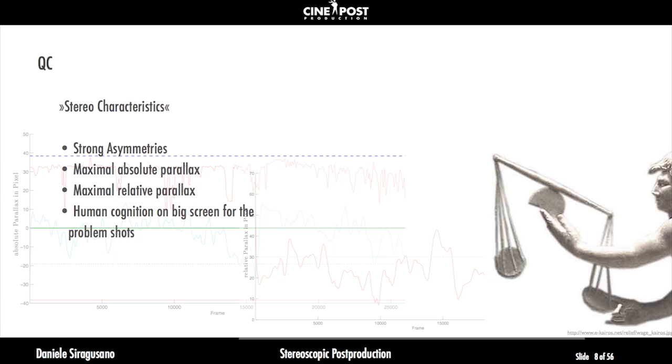We will record and check the maximum absolute parallax, so the farthest object and the nearest object, that they stay within the terms we have arranged with the stereographer. At the beginning of a shoot, we talk to the stereographer, and he explains his style and what kind of depth budget he wants for different situations, and we check that and see if everything went right.